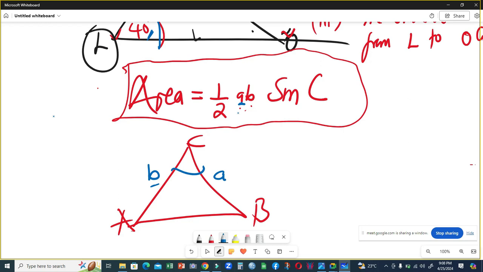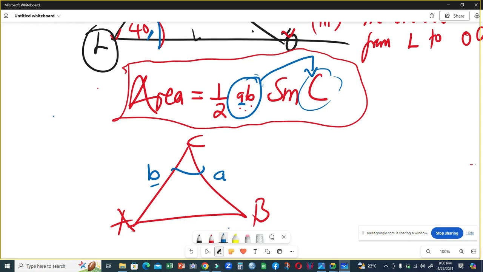You need to put in the sides that you have been given. You know their values, and when those sides meet, they form angle C, the angle that you know.